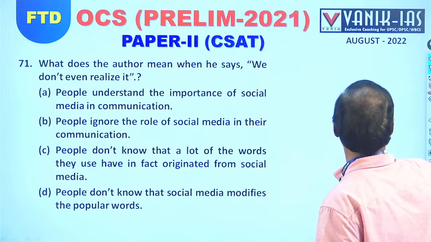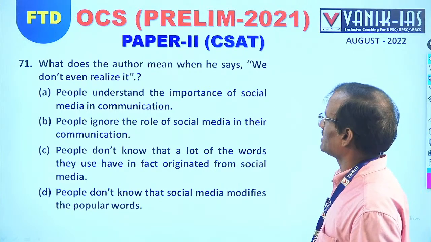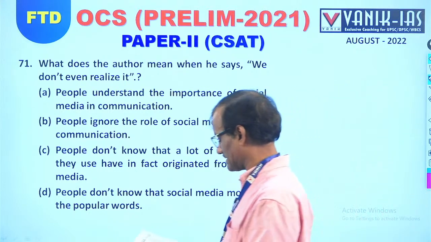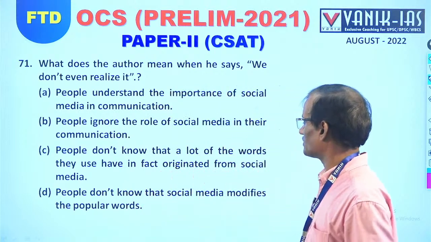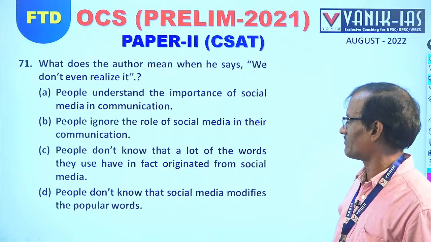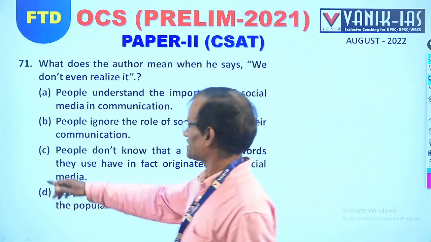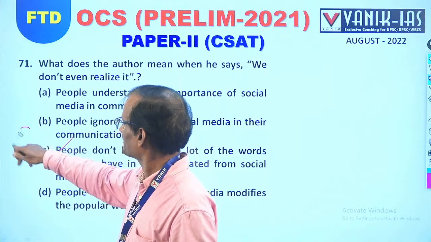What does the author mean when he says we don't even realize it? The author means that people do not know that a lot of the words they use have in fact originated from social media. That is also the answer, C. So I have done 71 C.